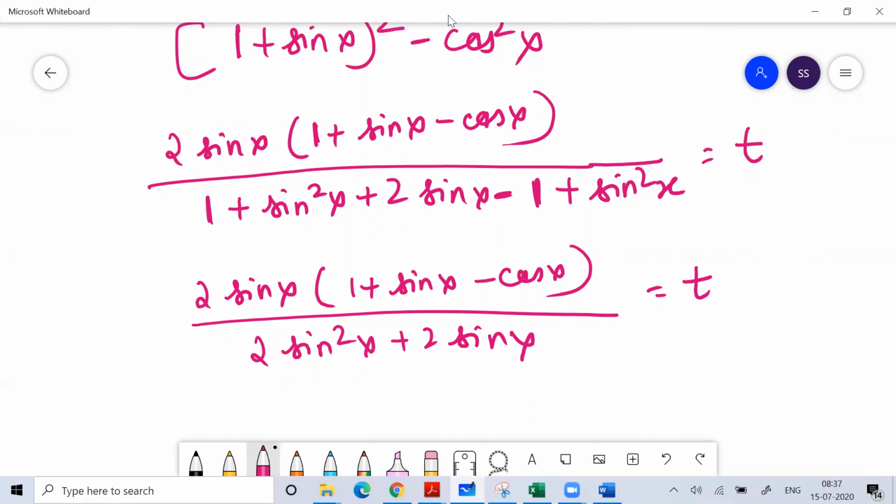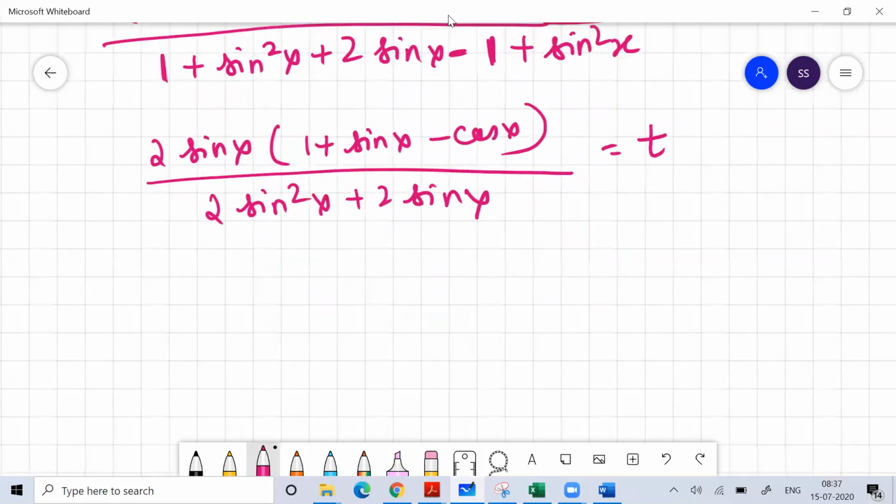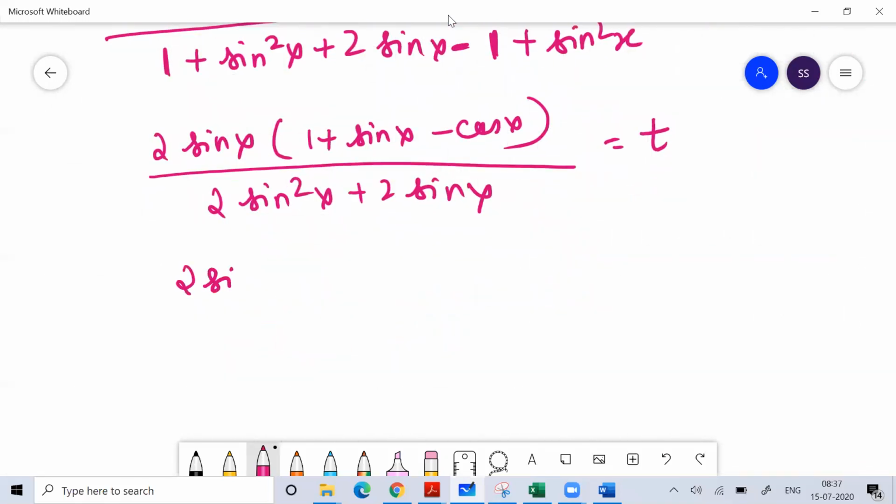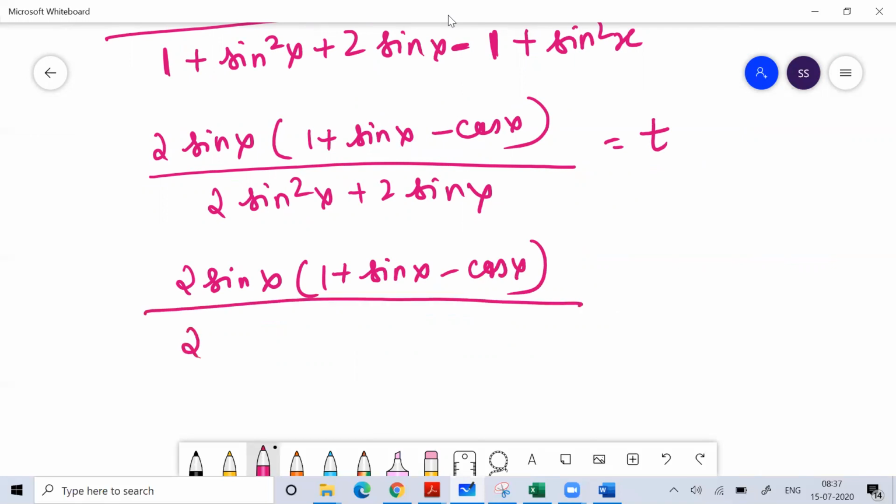Fine. So going further, I write 2 sin x into 1 plus sin x minus cos x. Now I can take 2 sin x common, this is sin x plus 1, that is equal to t.